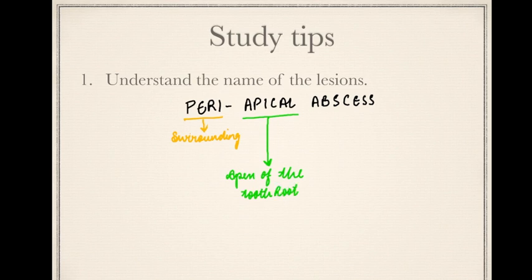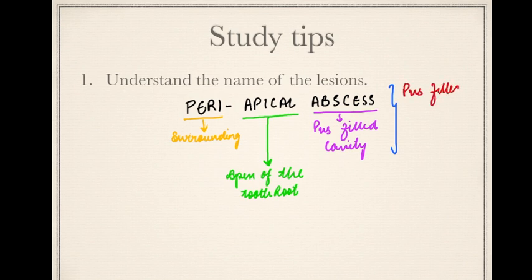An abscess means pus filled cavity. Now, with this, we understood that periapical abscess means pus filled cavity around the root apex.